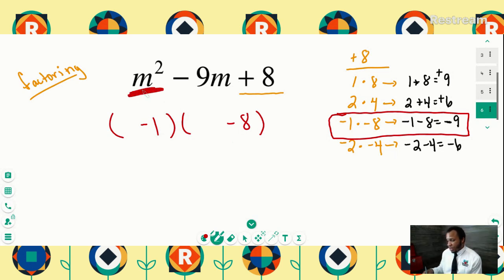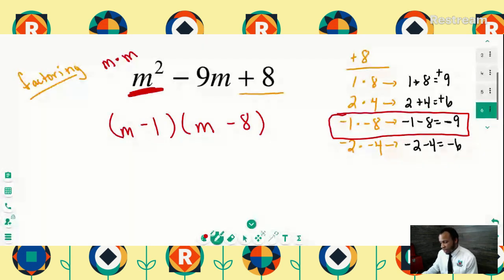Just like with the 8, we want to identify what we can multiply to get m squared. The only thing that works here is m times m. So we have m right here in this parentheses, and one will go there, and one will go here.